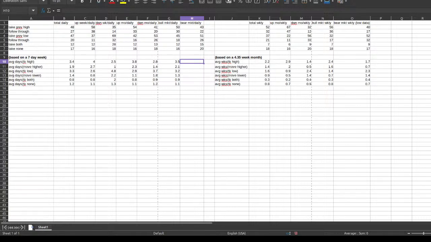Which the bull market has very nice numbers. The bear market not so much. Times 7. That's going to be 3.22. 1.5. 0.51.